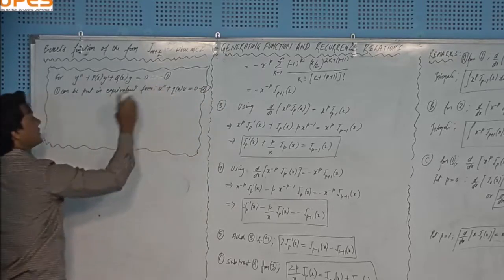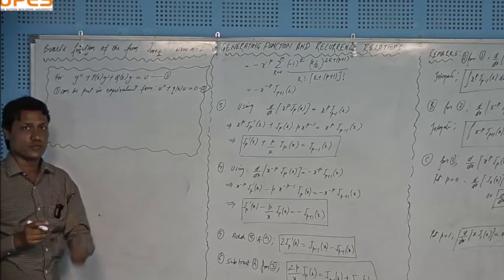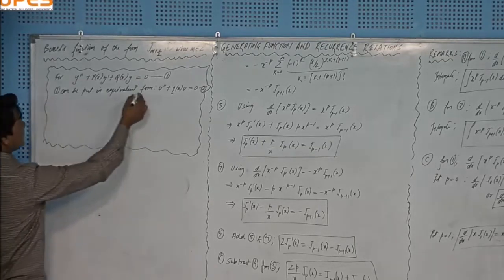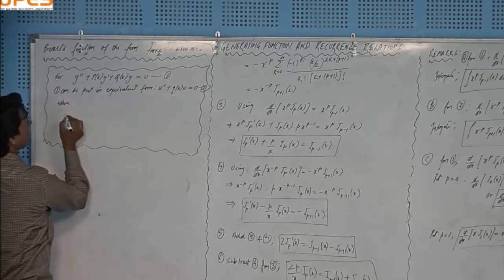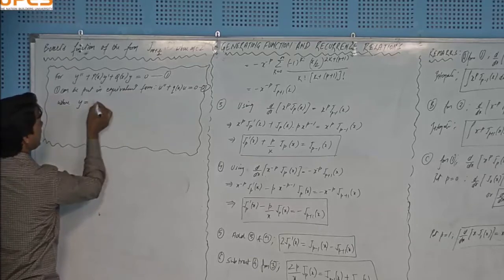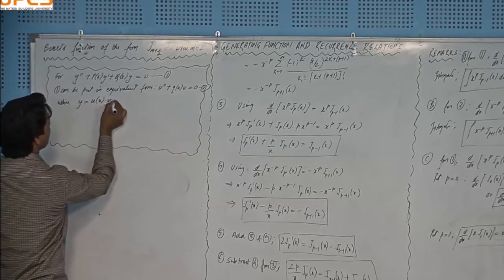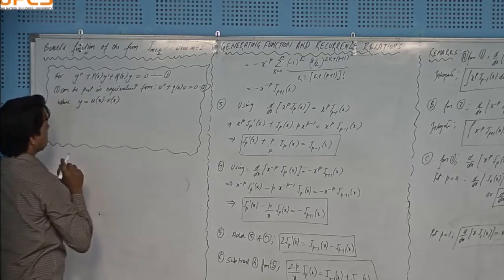We want that this is converted into this, but to achieve this goal we have to do some substitution, and that is done by this, where y is replaced by u(x) multiplied with v(x). Obviously this u is a function of x, right? Okay.